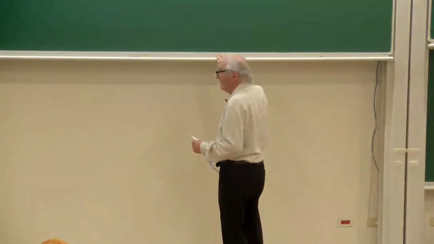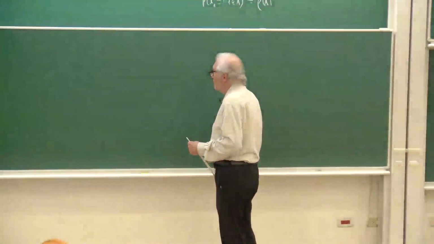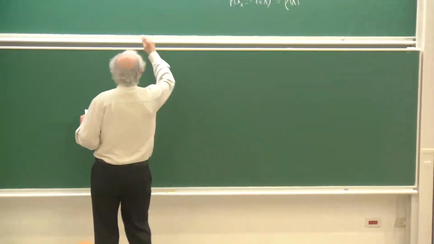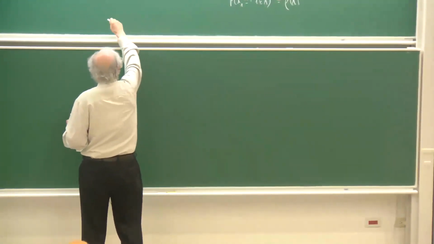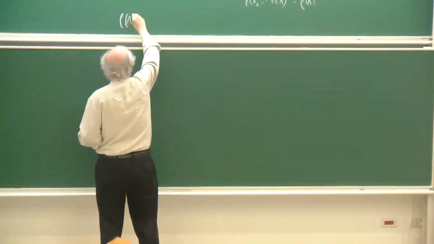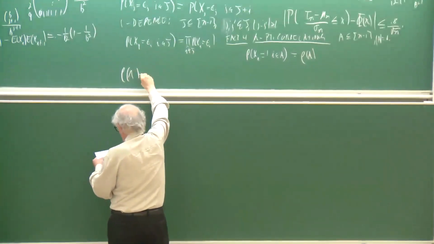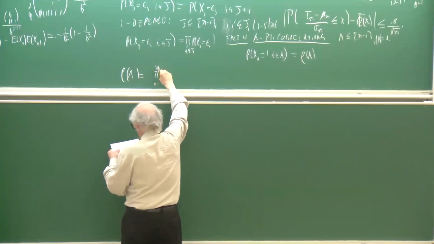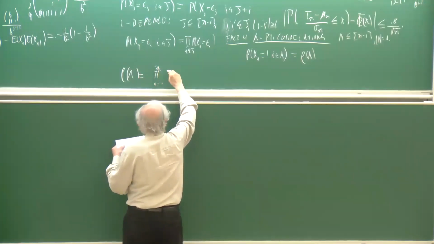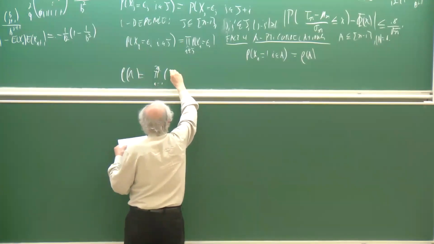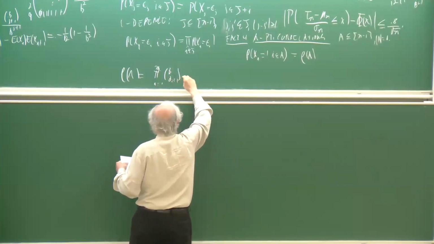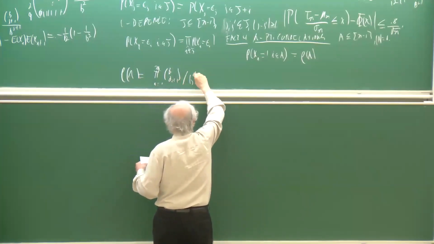Remember, you're going to see these objects again. So rho of A is equal to, it's pretty nice. It's the product from i equals 1 to m of (b, get it right, ai plus 1) over b to the ai.